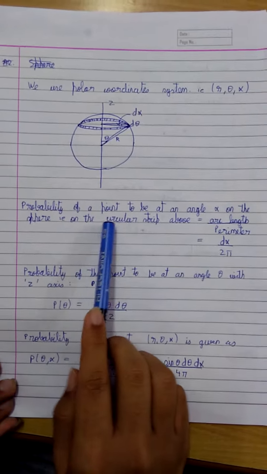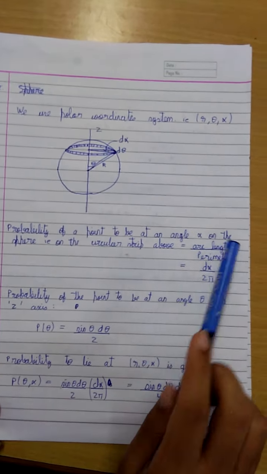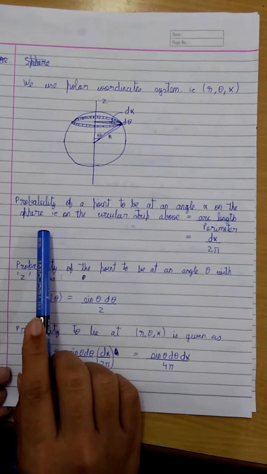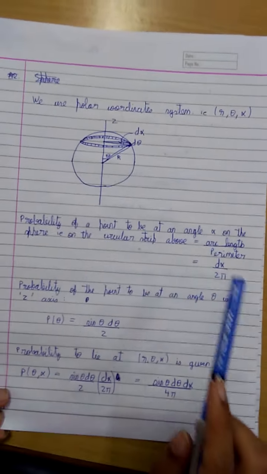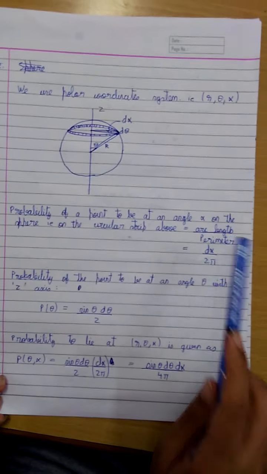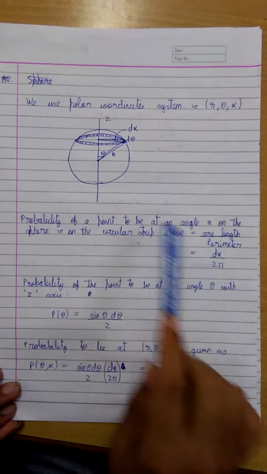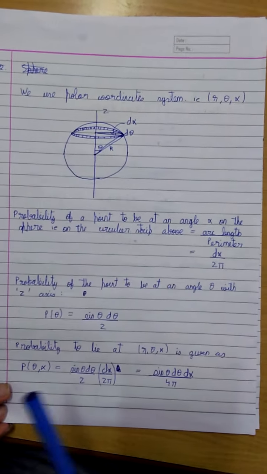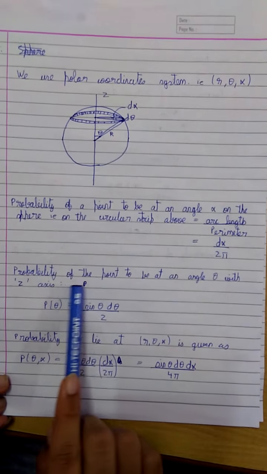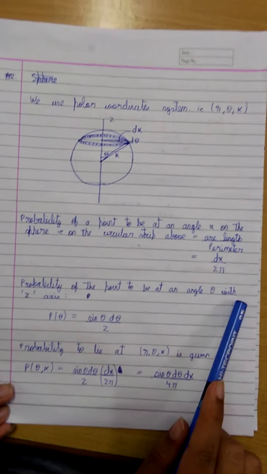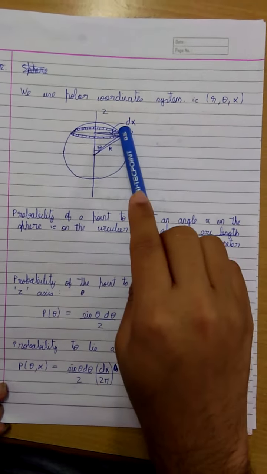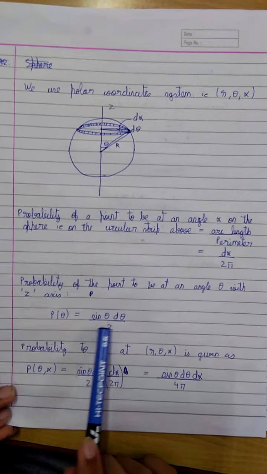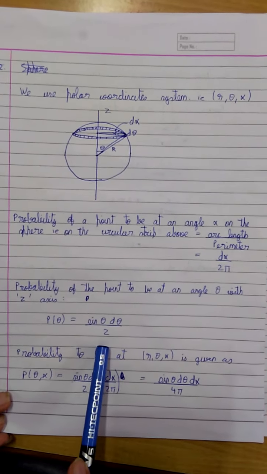Now if we want to find the probability of a point to be at an angle alpha on the sphere, that is on the circular strip, this is equal to arc length by perimeter, that is d alpha by 2 pi. Similarly, the probability of the point to be at an angle theta with the z axis can be derived to be sine theta d theta by 2.